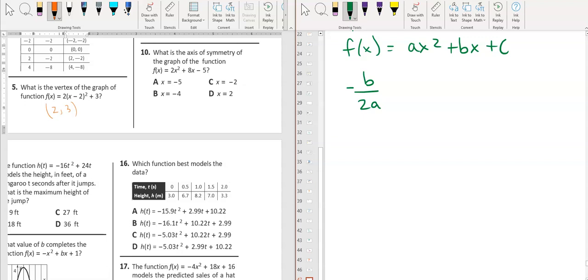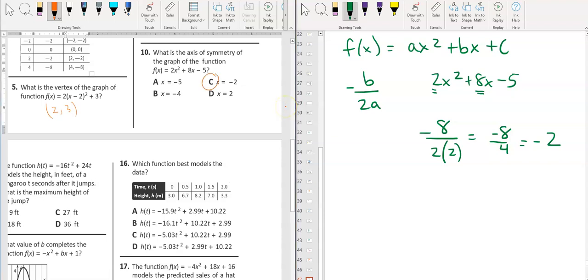So in the equation 2x squared plus 8x minus 5, I'm going to take my b, which is 8, and put it over 2 times my a, which is 2. So that becomes -8 over 4, which becomes -2. So that is C.